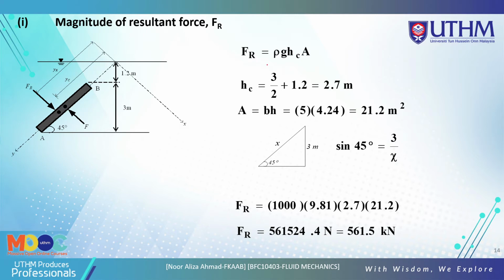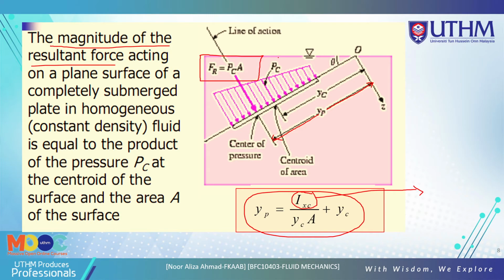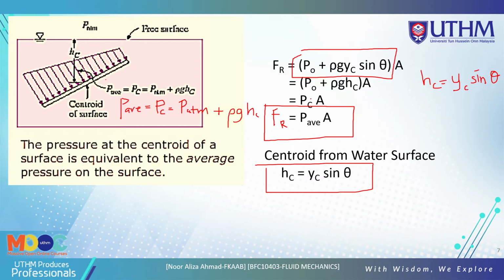First you must know that the equation for hydrostatic force is rho g HC A. This is based on the previous slide on the inclined surface, so you can use it here.